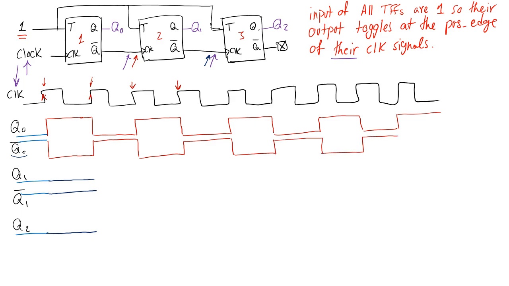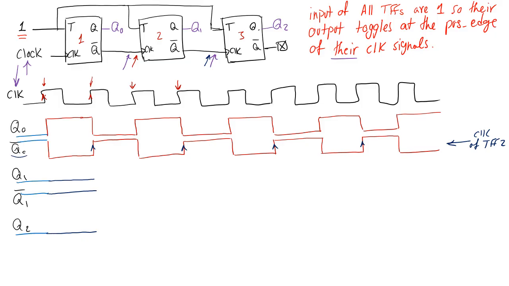Okay. Now, the next thing is, having this Q0 bar waveform is going to help us draw Q1, because this is really the clock of TFF2, the second T flip-flop. So I only care about the positive edges of this one, and I know that my second flip-flop output is going to change or toggle at the positive edge of this waveform.